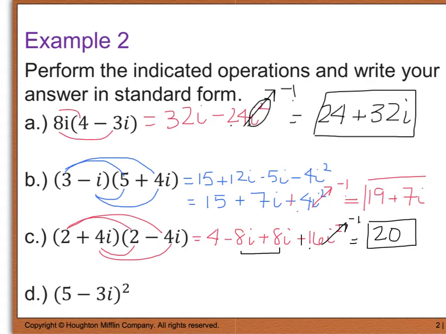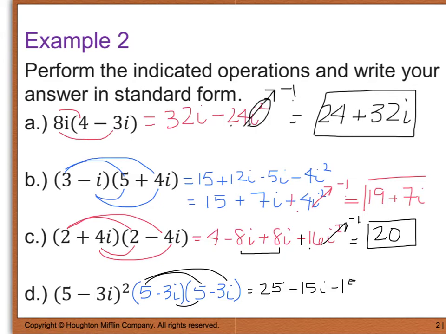Please make sure that you know that that's really 5 minus 3i times 5 minus 3i. So now when we FOIL this, we're going to be left with 25 minus 15i minus 15i plus 9i squared.